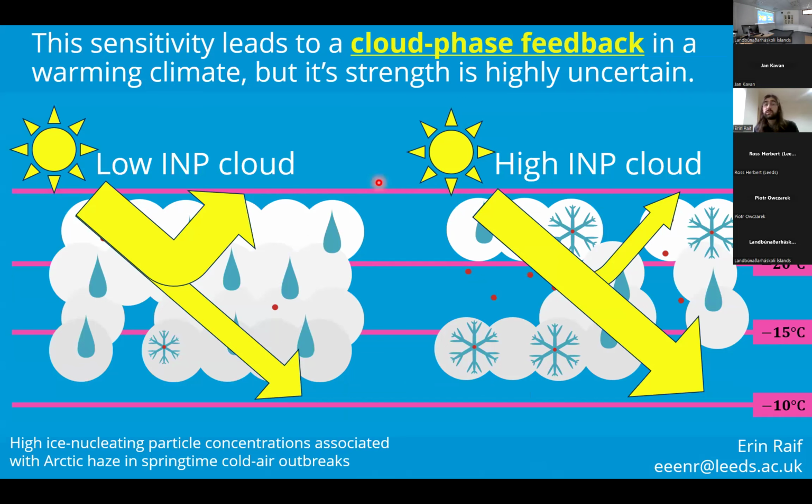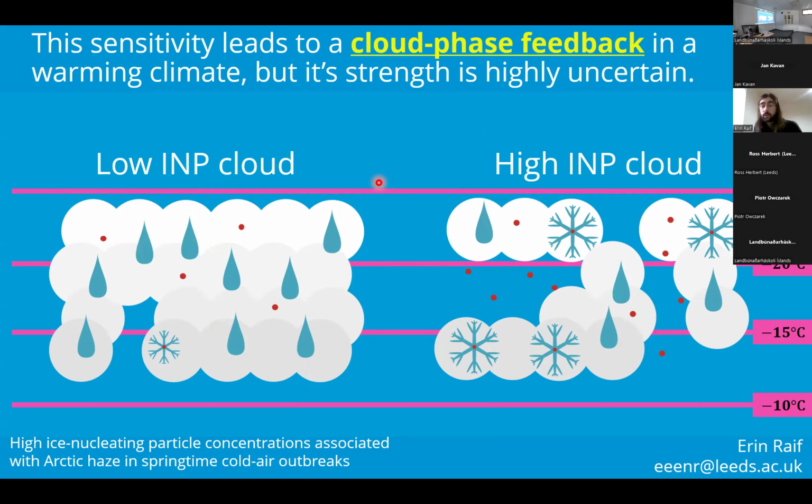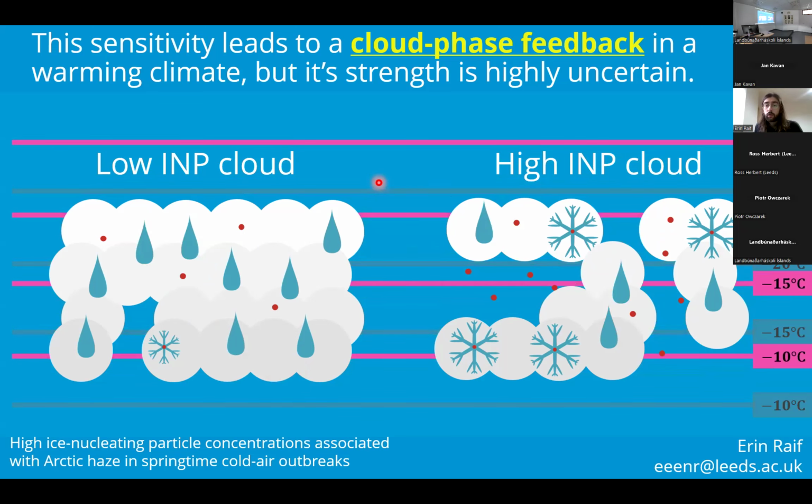So if we consider two of these cloud systems where one has very few INP and one has lots of INP, then conceptually we can imagine that the one with many INP has very efficient freezing and lets a lot more radiation through. Now, if we warm the climate up, then we are going to melt some of this ice and make some of these INP inactive.